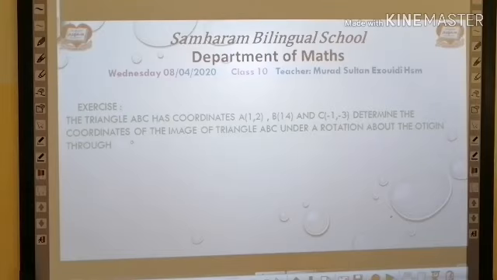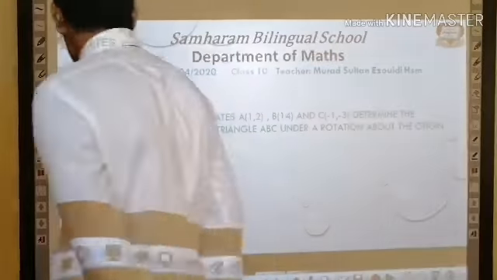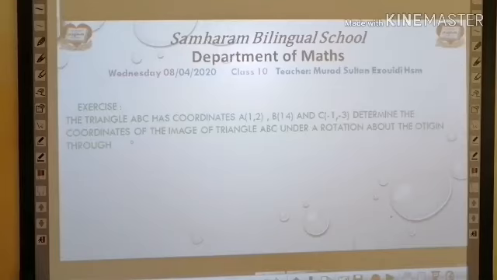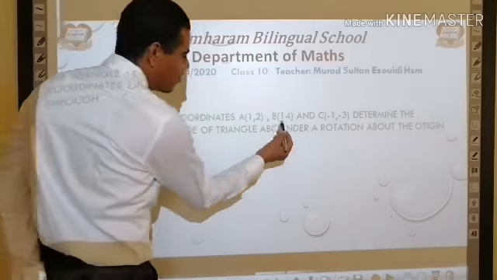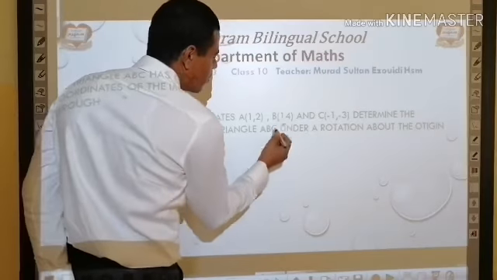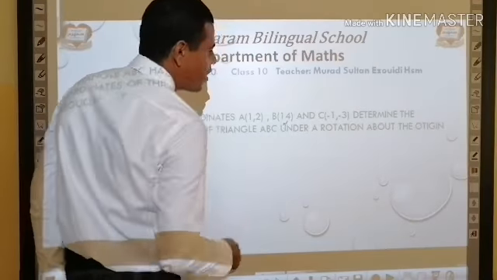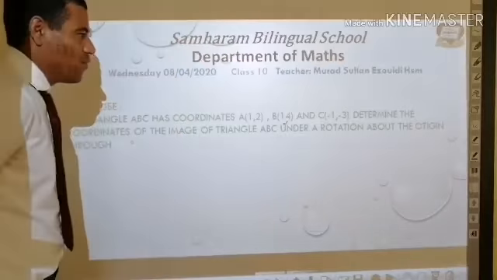So here we have an exercise. One volunteer carries out the exercise. The triangle A, B, C has coordinates A 1, 2, B 1, 4, and C negative 1, negative 3.